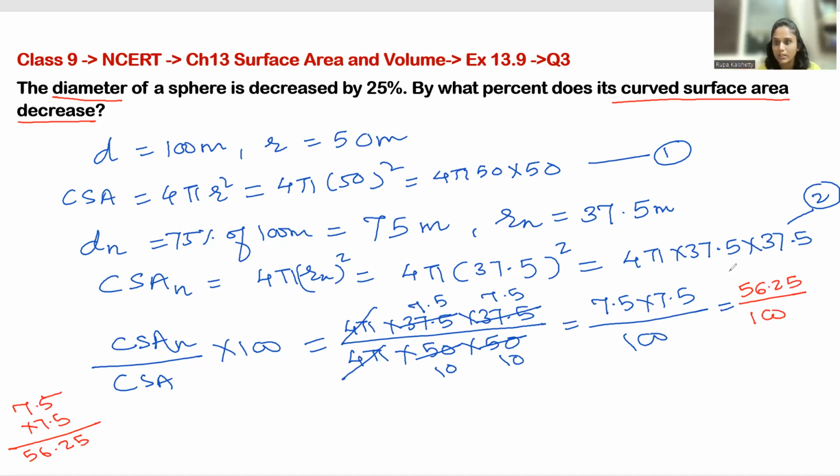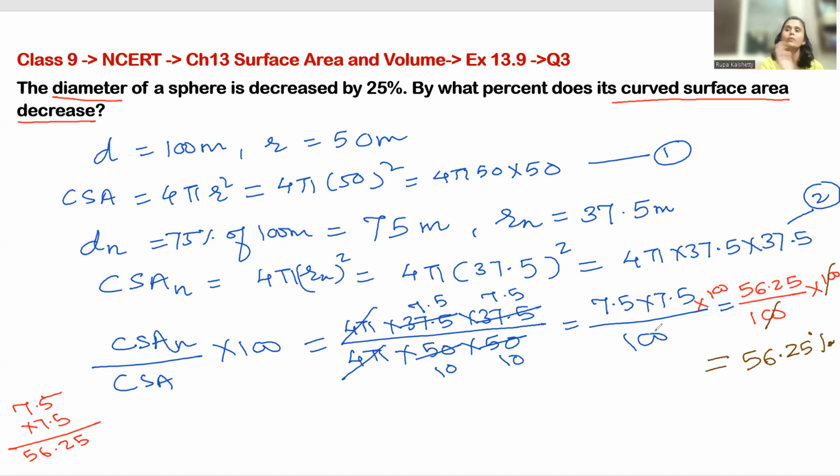And we have to write the remaining 100 here because we are finding the percentage. So as this 100 and this 100 get cancelled, you're getting the answer as 56.25%. This percentage tells us how much the new surface area is of the old one.